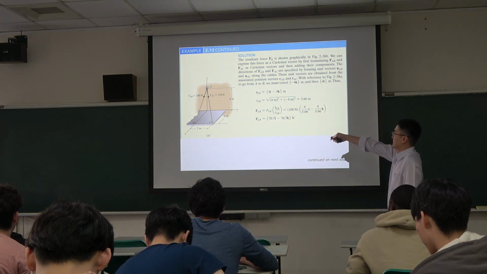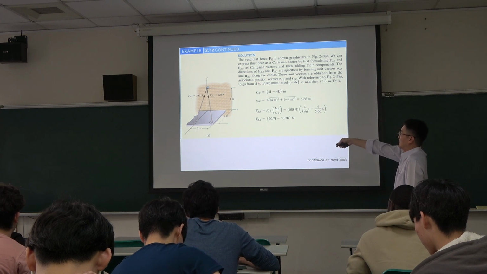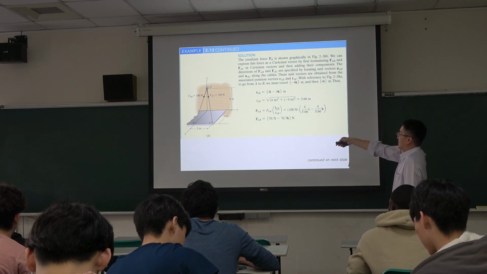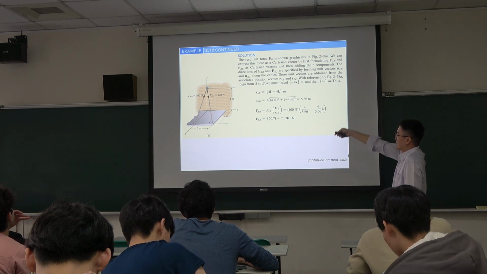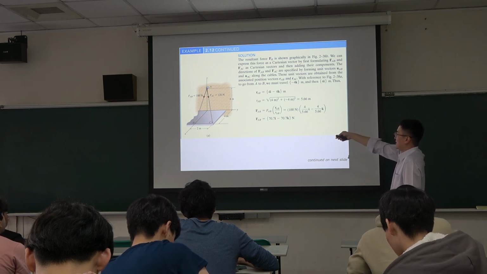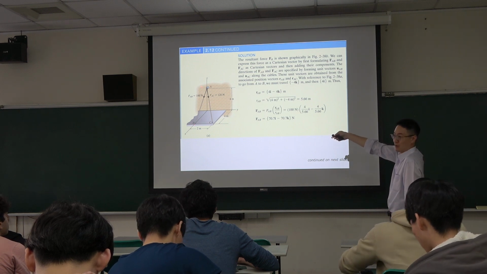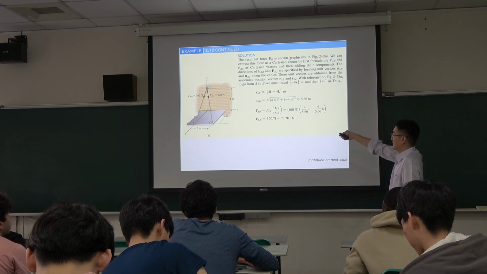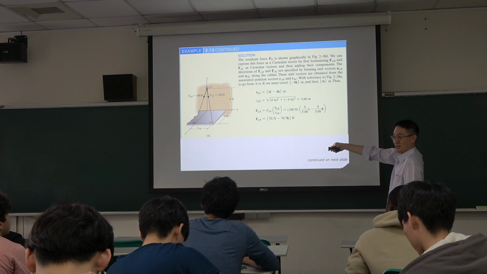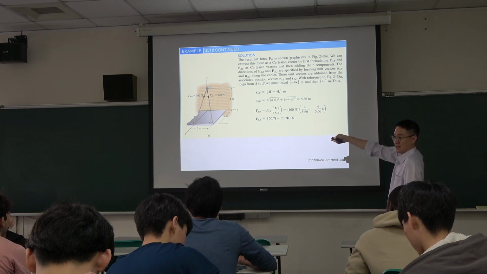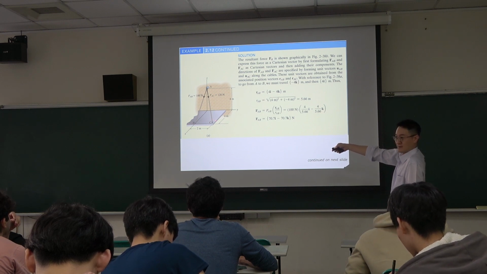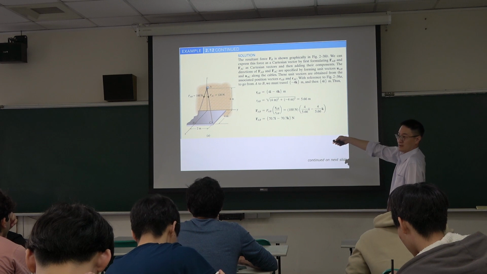For FAB, x-axis, x is 4. And then y is 0, along the plane, and z, here is 4, but from point B minus point A, so here is negative 4. Here, AB is point B minus point A. So for x-axis, B is 4 and A is 0.